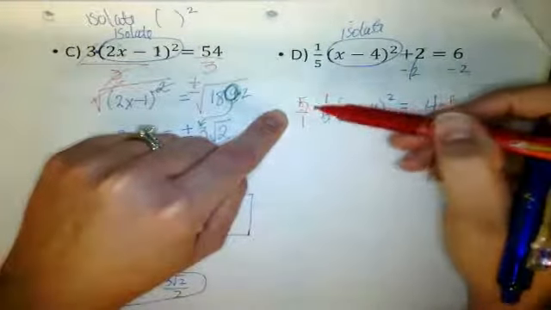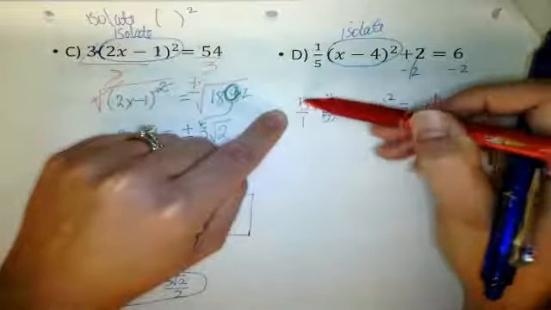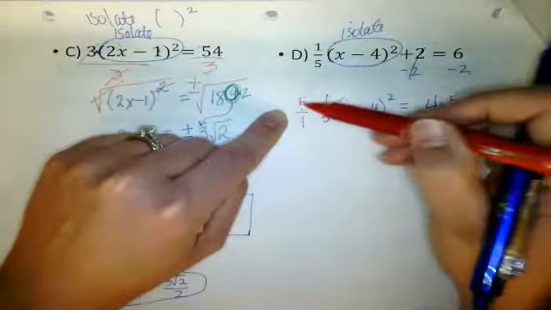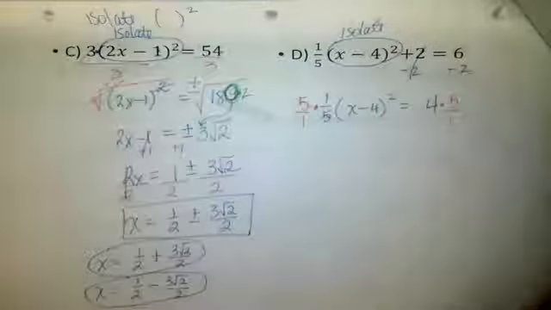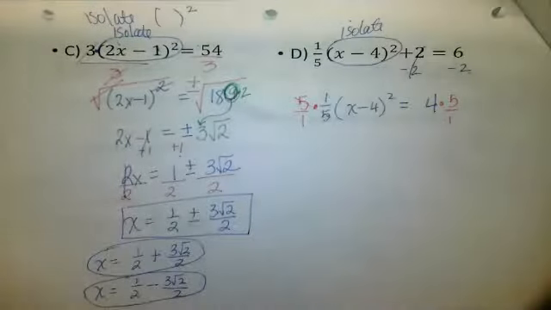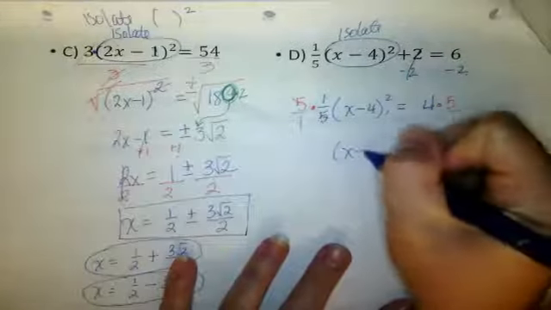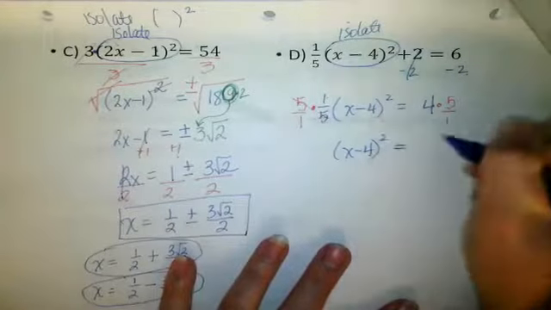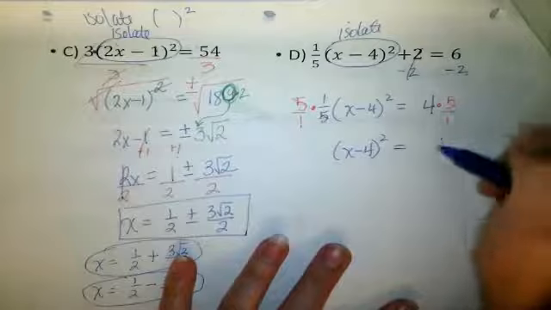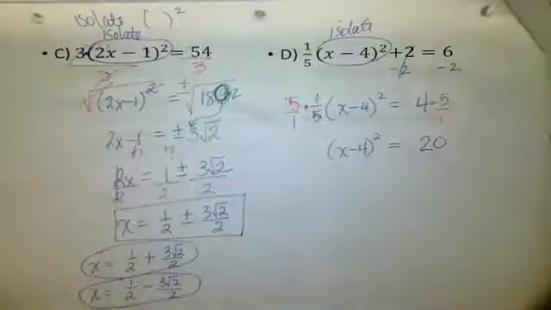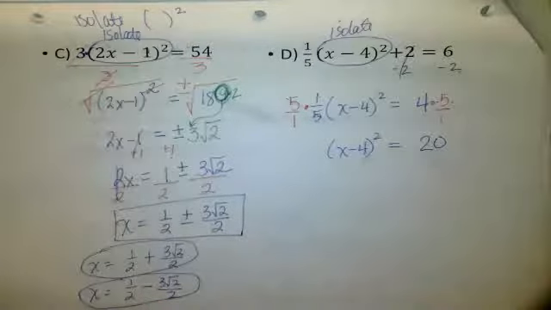Times by 5, or 5 times 1/5 turns out to be 5 over 5. And 5 over 5 is just 1. So it multiplies itself away, which is nice. We're left with x minus 4 quantity squared equals 4 times 5, which is 20. Now what should we do?